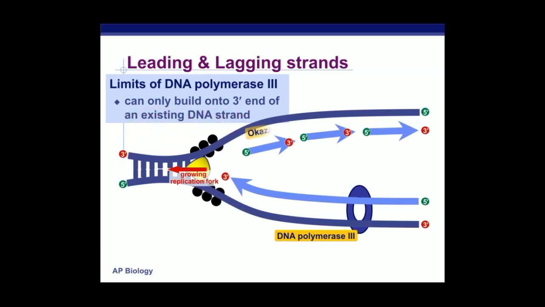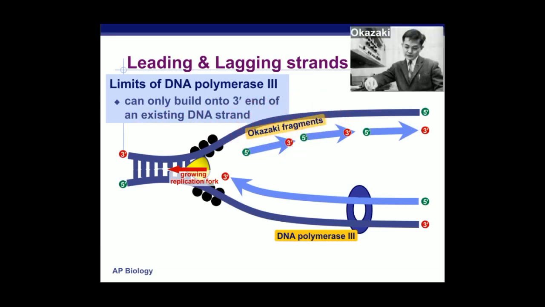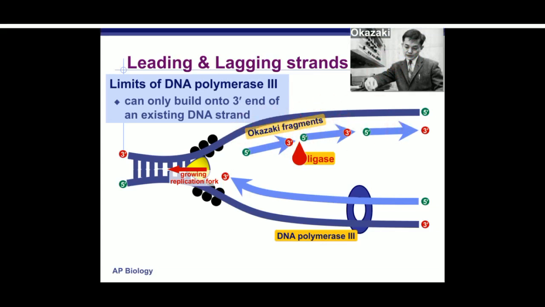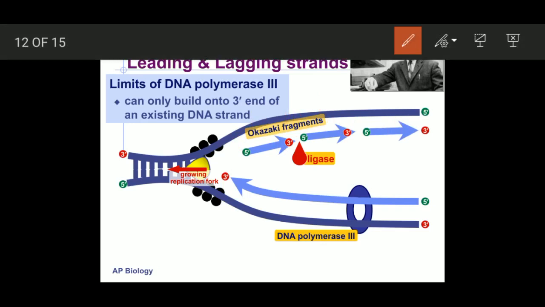Clear guys? And you can see these are the Okazaki fragments, correct? Named after the scientist Okazaki. So let's discuss more on this lagging strand. Actually what happens is, a short RNA primer will be added here, here, here.